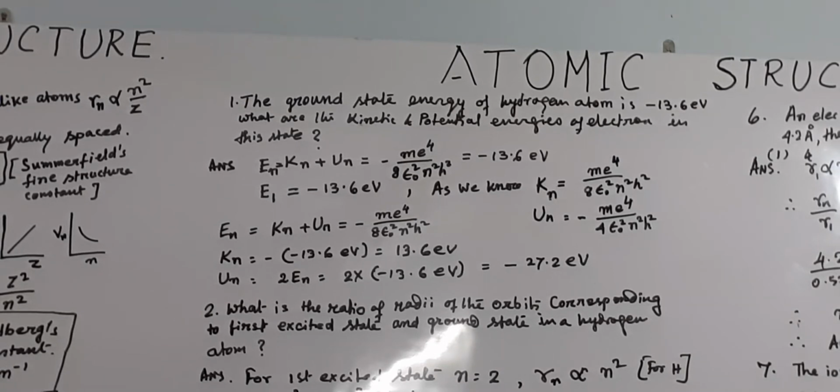What is the ratio of the radius corresponding to first excited state and ground state in a hydrogen atom?